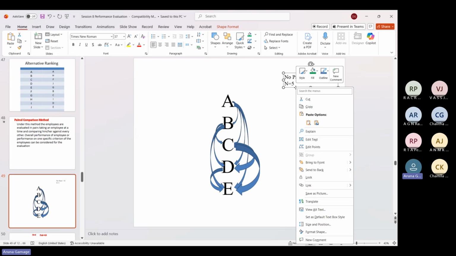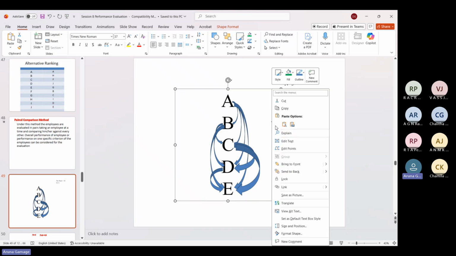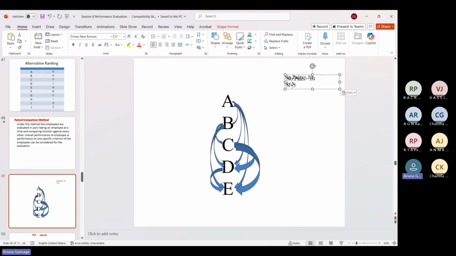Suppose that there are 10 employees. So how many comparisons are to be made? 20.